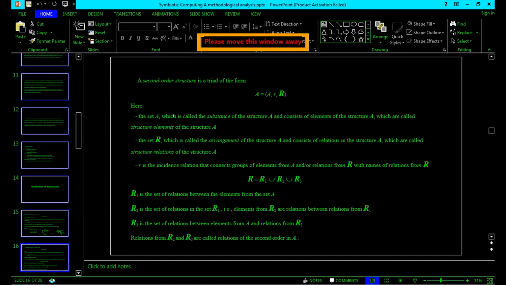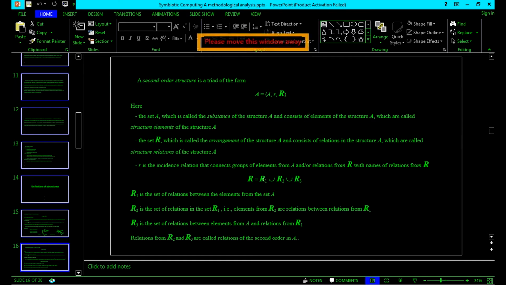And A is also the substance that contains elements of the structure A, but the set R consists of three groups of relations.